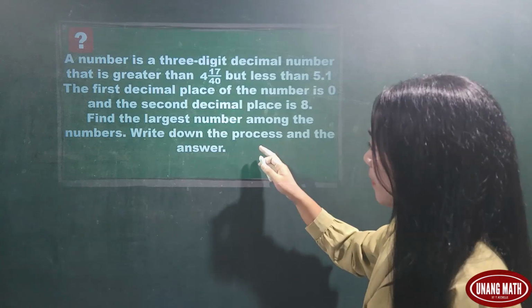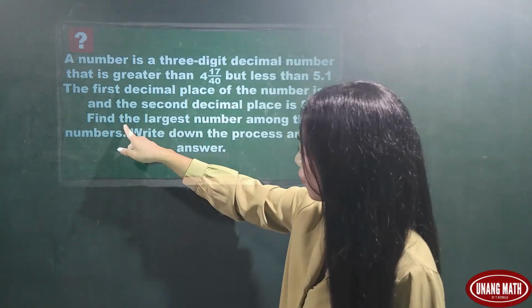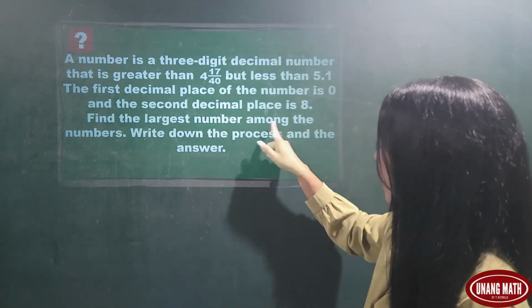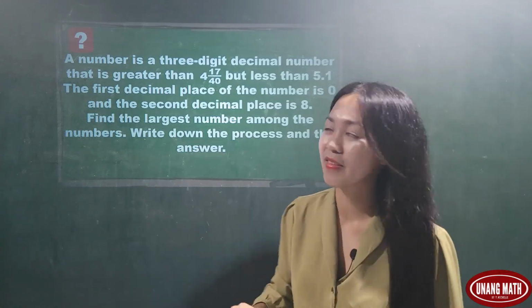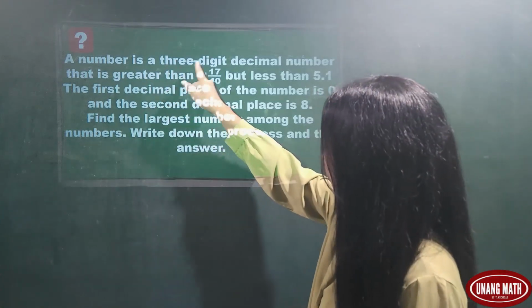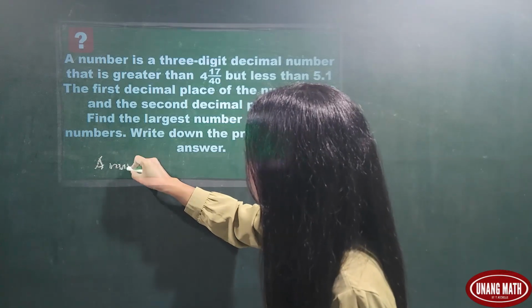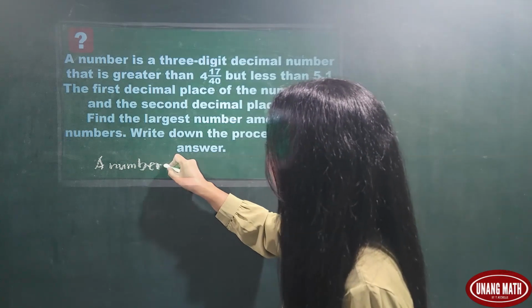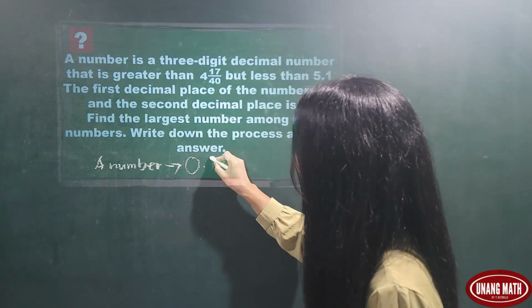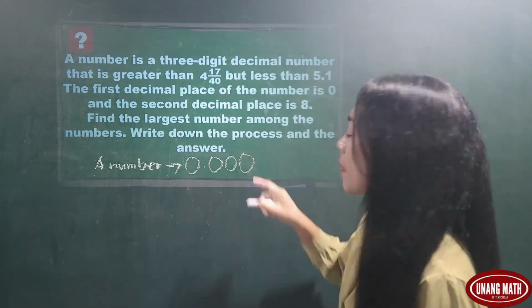So according sa problem na ito, we are going to find the largest number among the numbers. A number is a 3-digit decimal number.